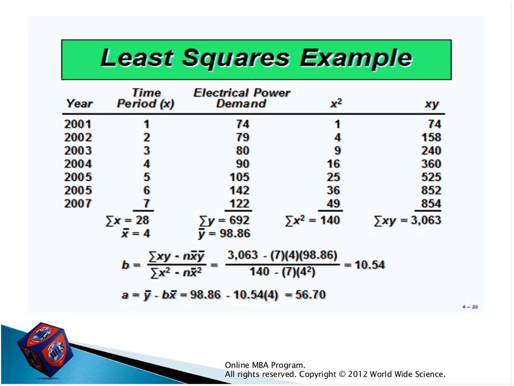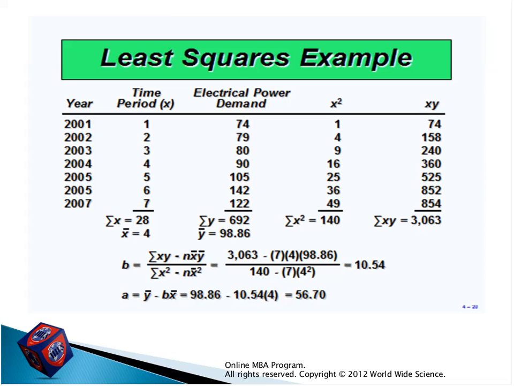In 2001, 2002, 2003, the electrical power demand has been written like this, as you can see in the table.